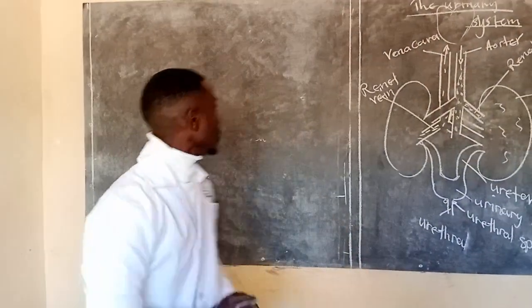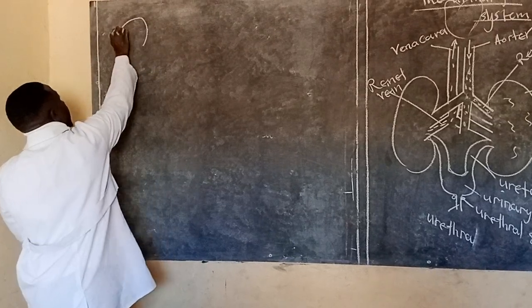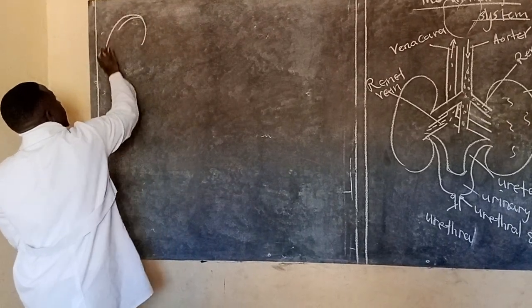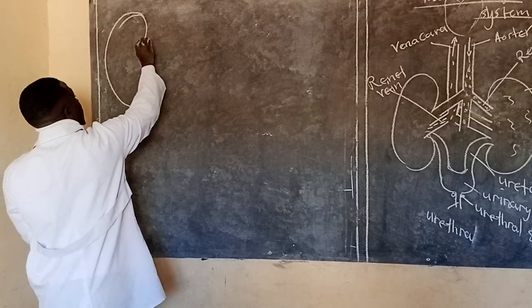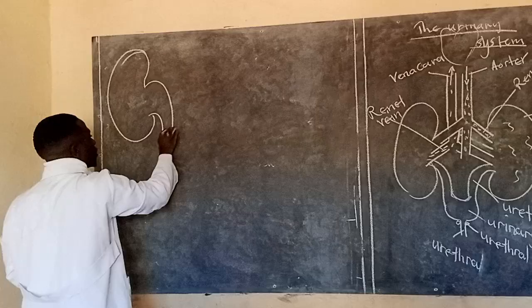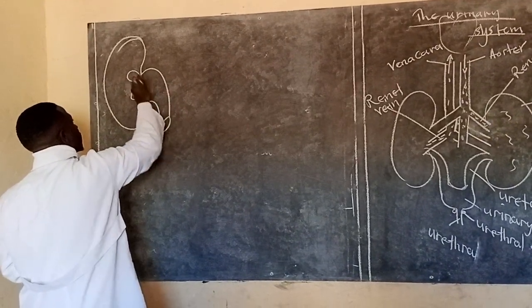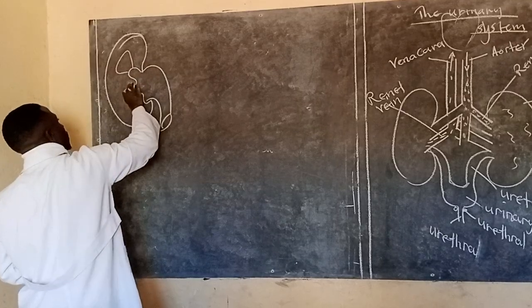When we talk about the kidney, this is a bean-shaped organ that is located just by the lower abdomen. So now, this is the structure of the kidney, where we have something like this.